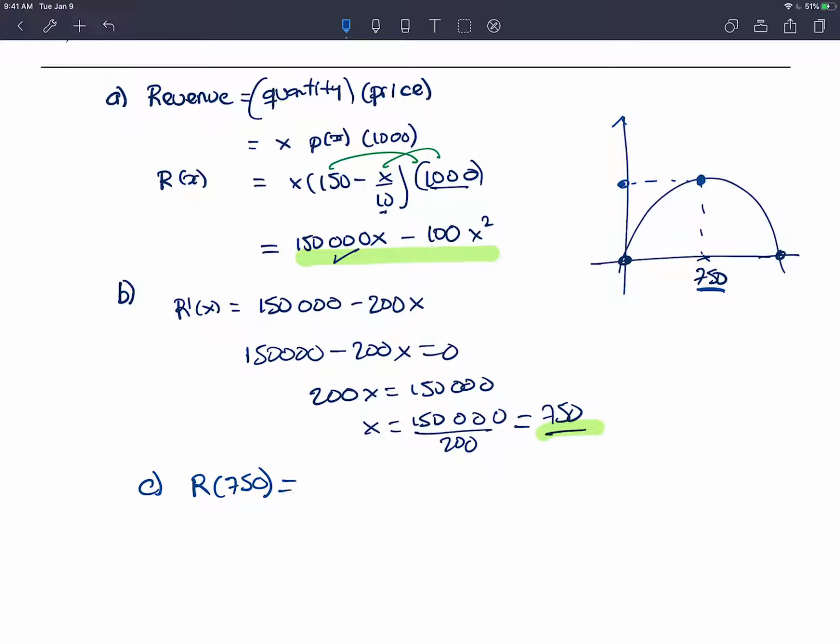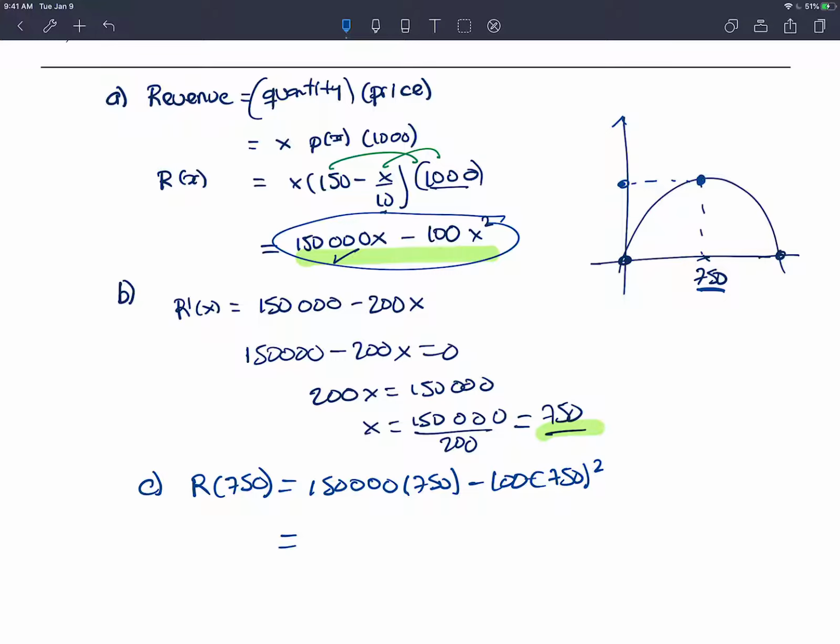If you do that, it's 150,000 times 750, using this function over here, minus 100 times 750 squared.